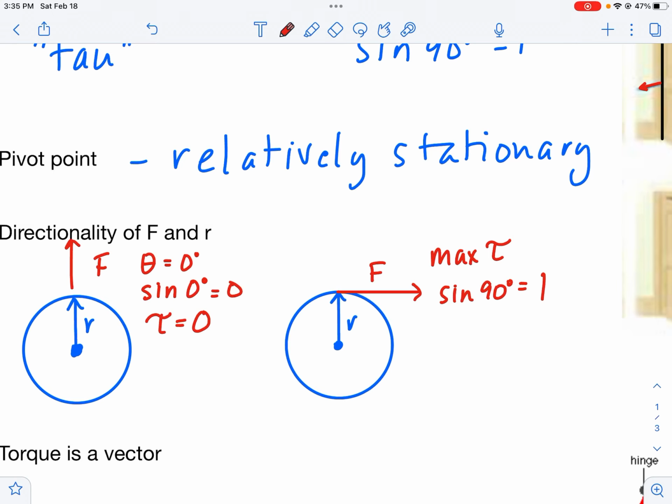Now, it's also true that I could have a scenario somewhere in the middle. So here's my pivot, here's my lever arm, and I could apply a force at some kind of angle. And if I were to do that, only the perpendicular component of the force really creates a rotation.